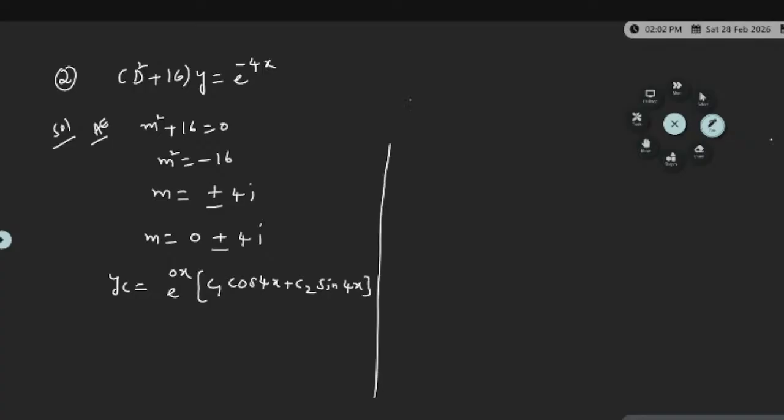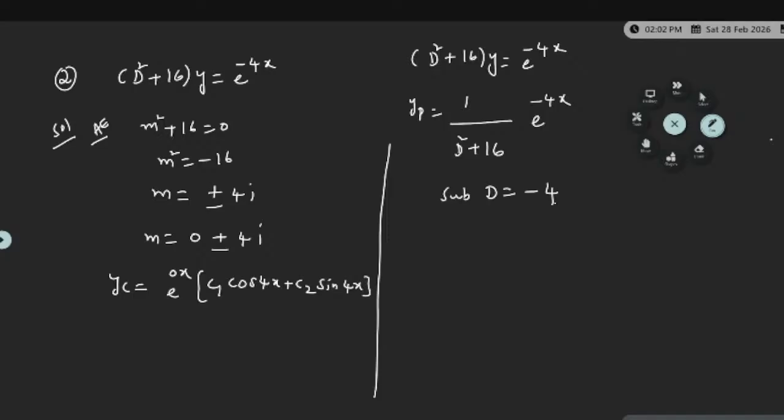Now yp. Yes, what is the particular integral value?